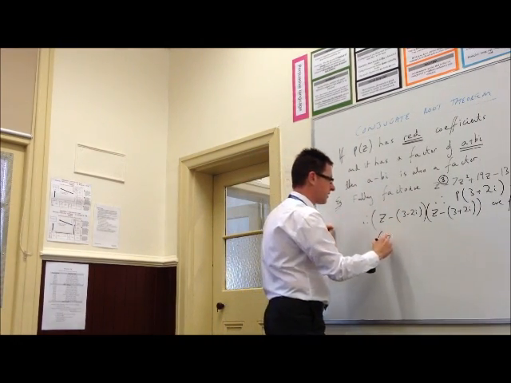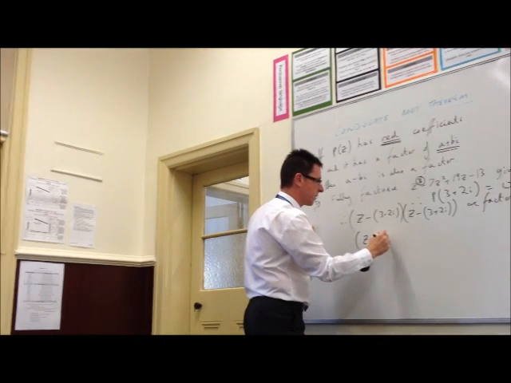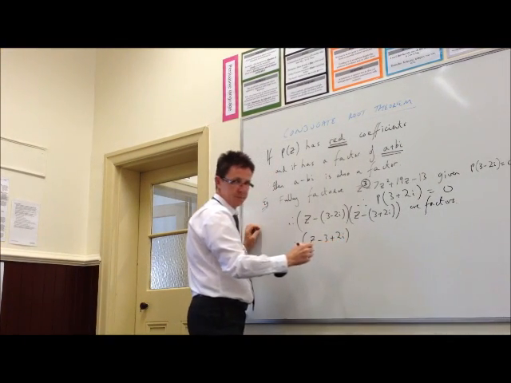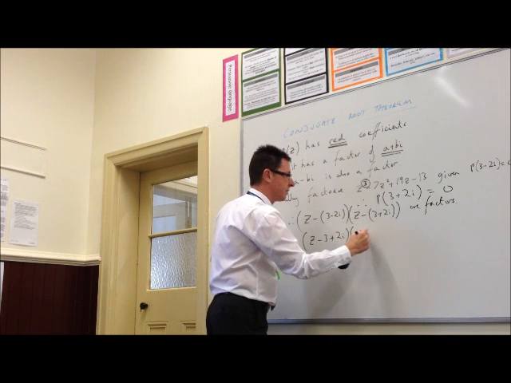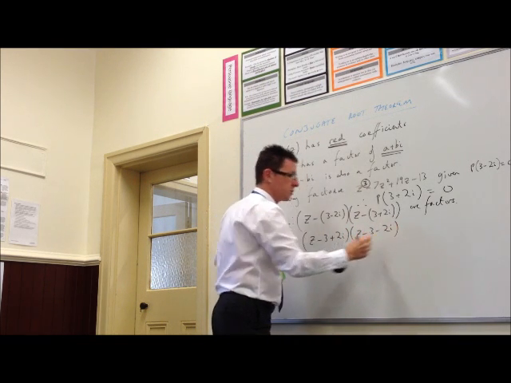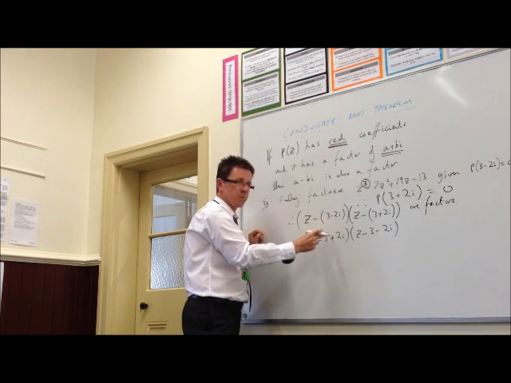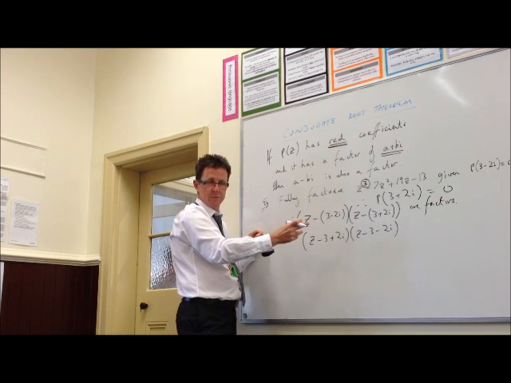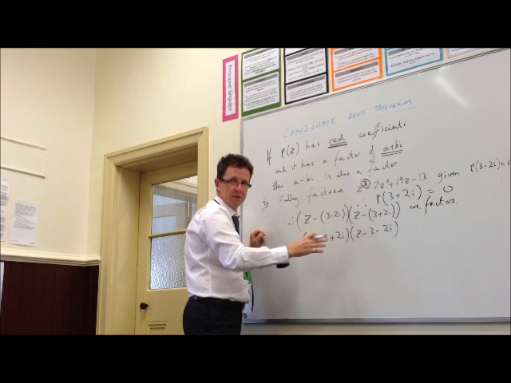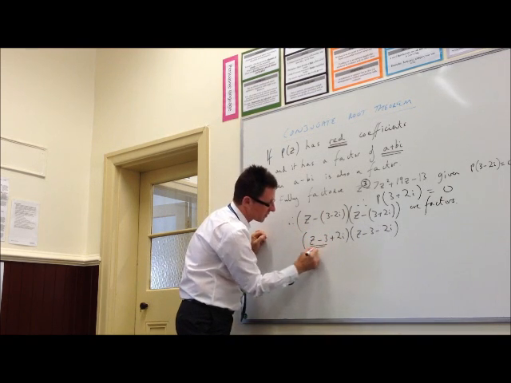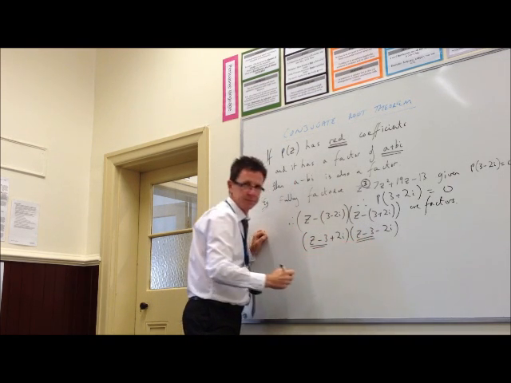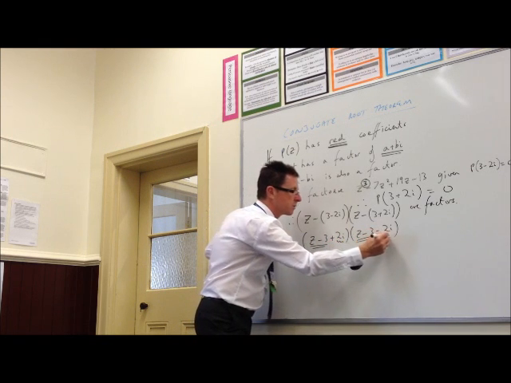Expand. That's the same as z minus 3 plus 2i, z minus 3 minus 2i. All I did was get rid of those little brackets, remembering to multiply through by the negatives. The reason I did that, look at it. This little term is there, and this little term is there.